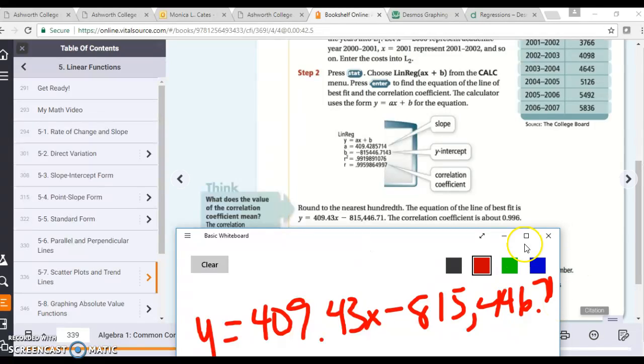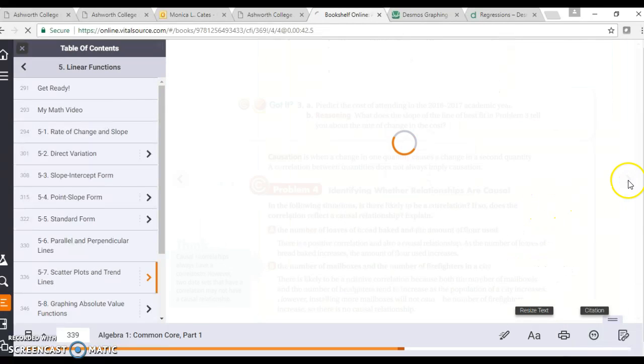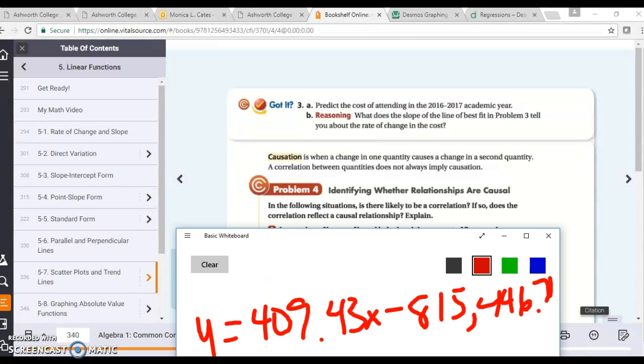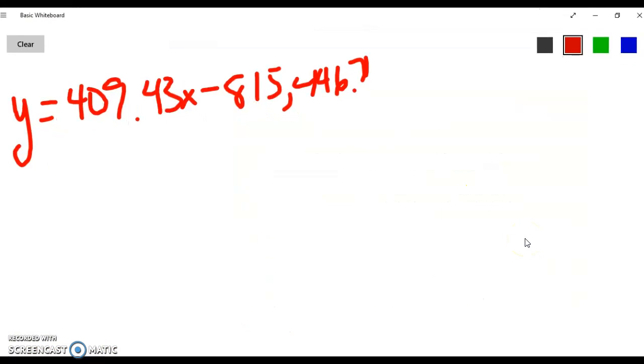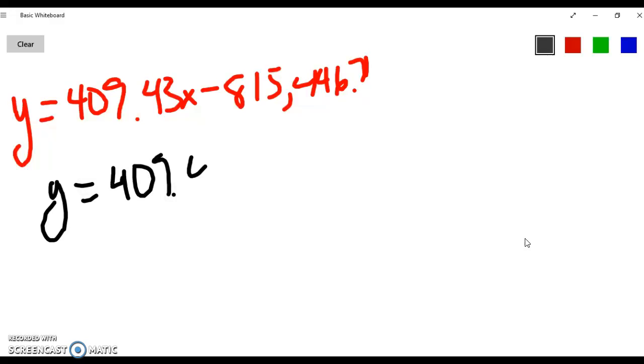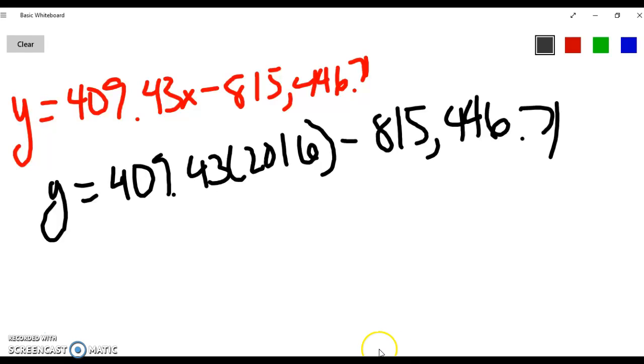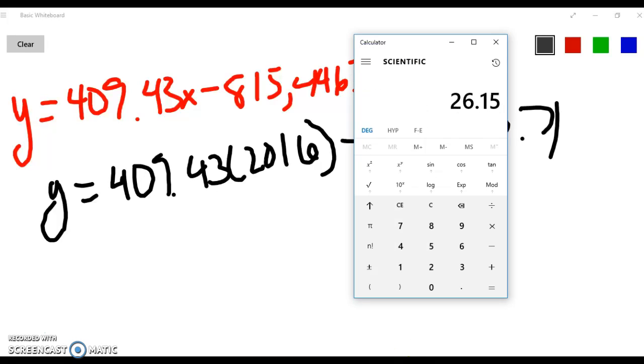And we're going to plug in, what are we going to plug in? I'm going to plug in 2016. Okay, so let's do that. All right, so let's do it. I'm using our calculator, of course.